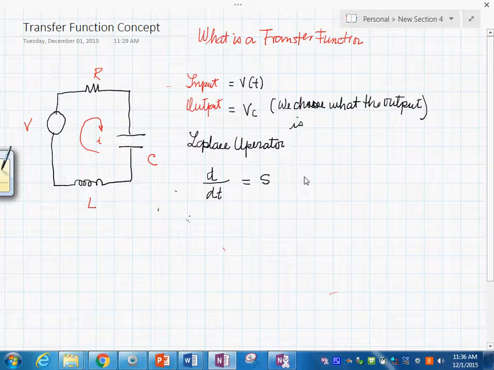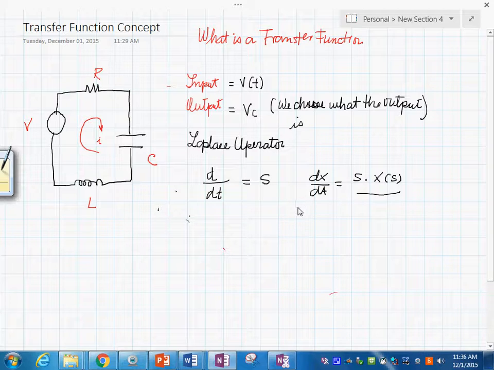So it follows that if you have dx dt, this should be equal to s times x of s, like this. So it transforms the time domain derivative into an s domain.